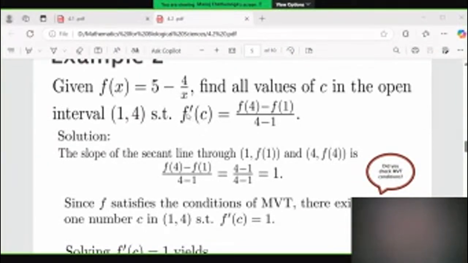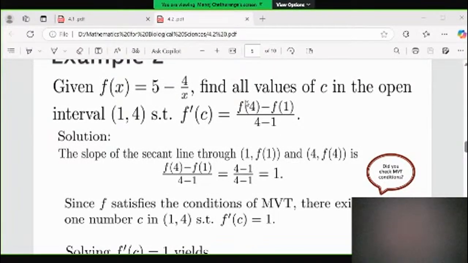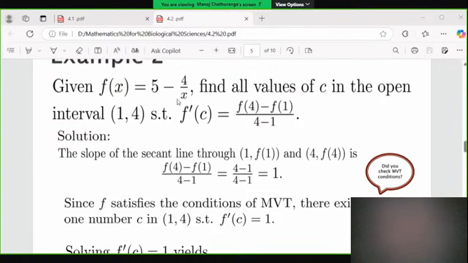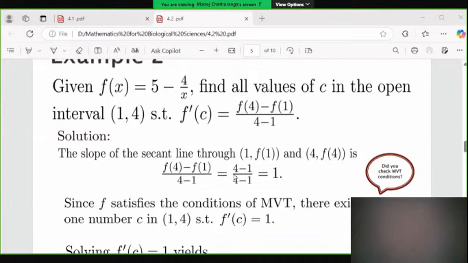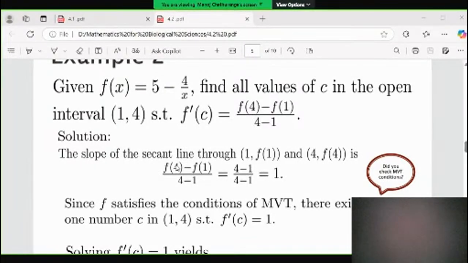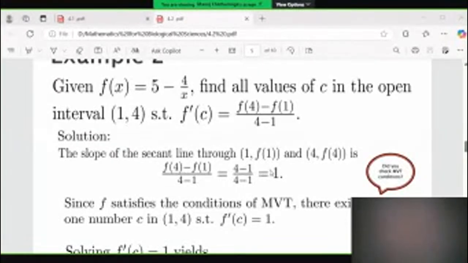So first of all, since we have this function, we can compute the slope of the line joining endpoints. F of 4: substitute 4 into this equation. So 5 minus 4 divided by 4, that means 5 minus 1, that's 4. So f of 4 is 4, and likewise f of 1 is 1. So the slope of the secant line joining them is 1.